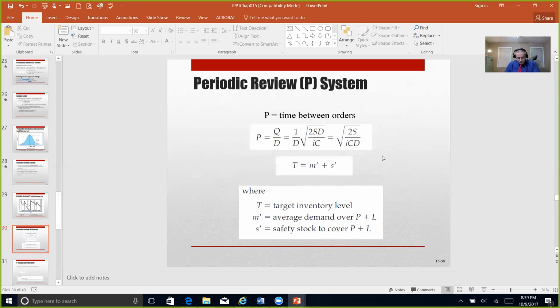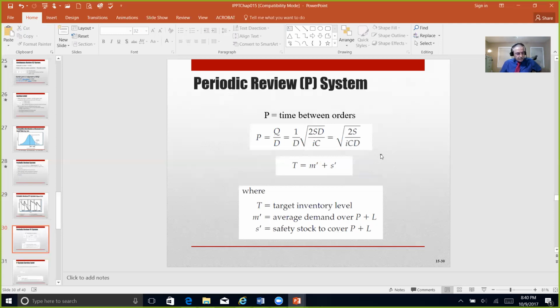Then we have the target inventory level at equation 15.5 here at the bottom of 387 as well, where you have the interval time of P and the lead time of L. So the interval of P plus the lead time of L gives us the M prime, and the safety stock gives us the S prime, which tells us the target level inventory.